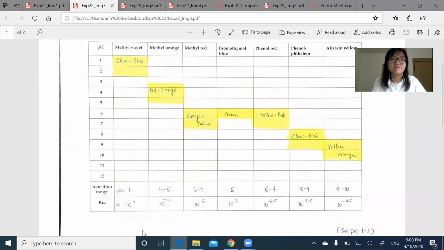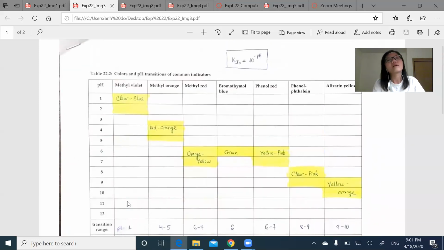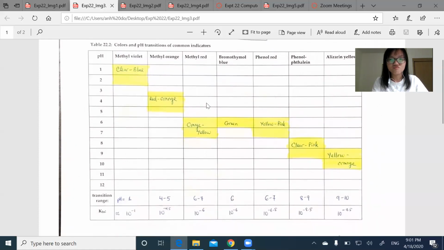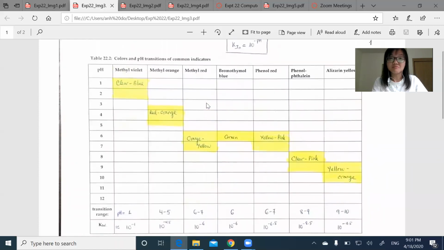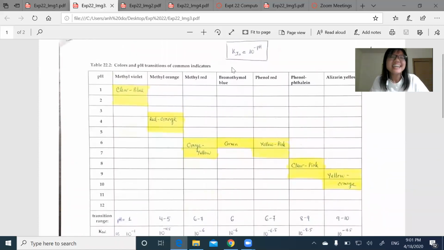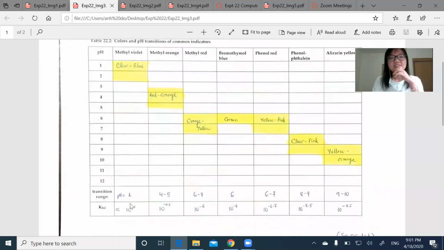And then to find the indicator's equilibrium constant, KIN, it will just be KIN equals 10 to the negative of pH. I made a calculation, but it's not on this picture. For simplicity, you just have to replace the value that you were putting in for the transition range and put it into your KIN in order to find the equilibrium constant.